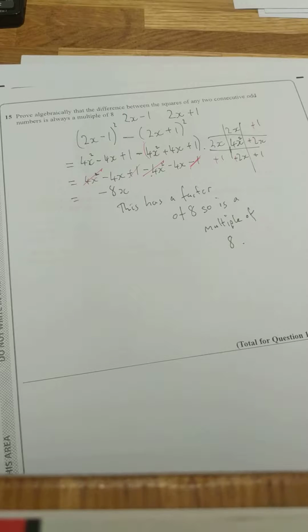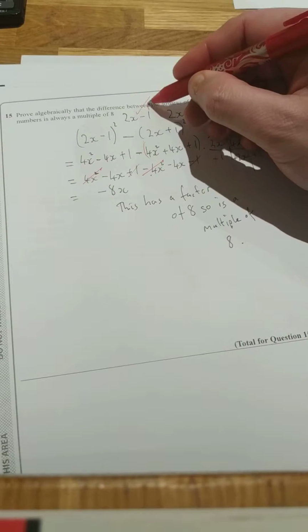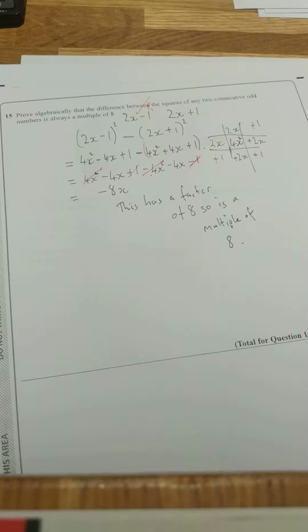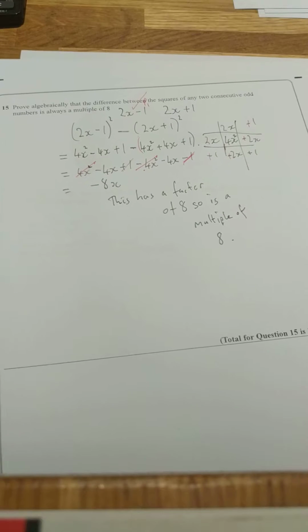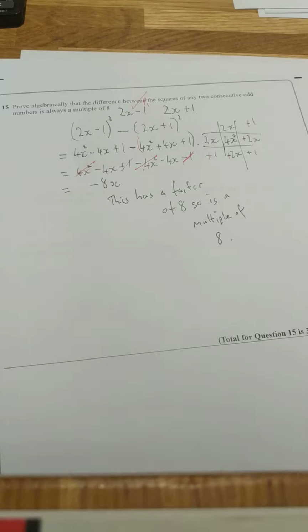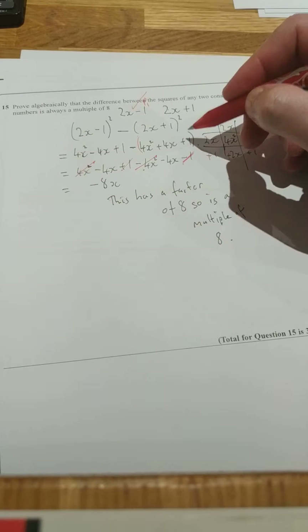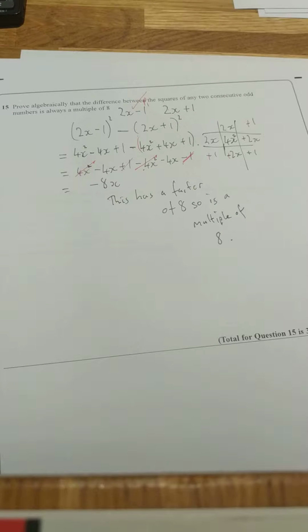And there were a couple of easy marks here, and then it got more difficult, I think. So the first mark is for the expression for an odd number, so you can have either of those two there. The second mark is for expanding one of these correctly, I think.